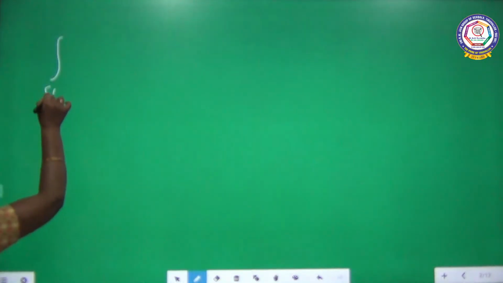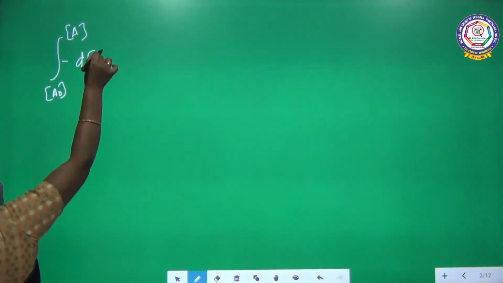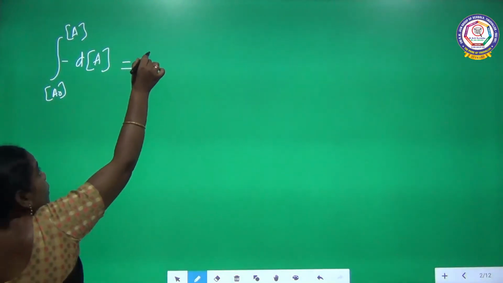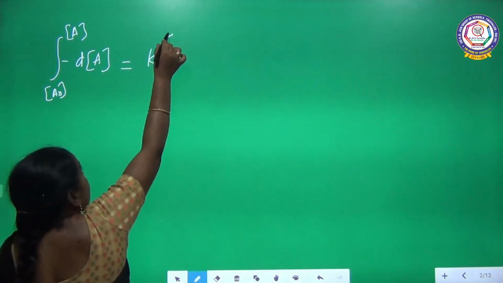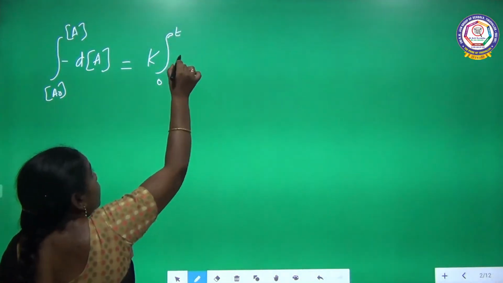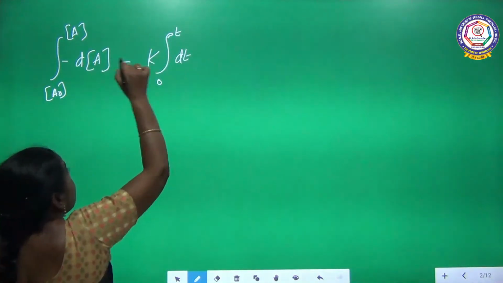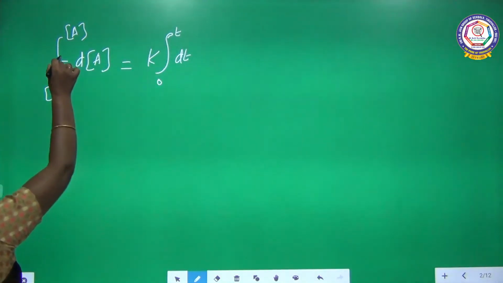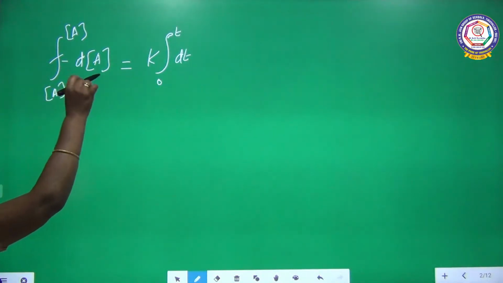Limit concentration of A0 to A, d[A] equal to K is constant, so you have to keep it outside, 0 to t of dt. So, here the integration and the differentiation are going to be cancelled.